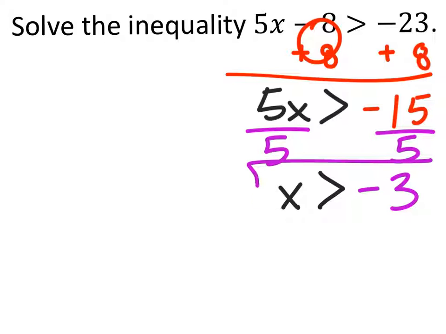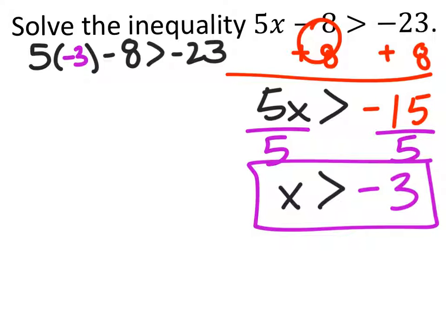Last thing we really would want to do on this is just to check to make sure that our answer is correct. First thing we want to do is make sure that the inequality is equal when x is negative 3. Let me show you what I mean here. So notice in this equation I've replaced x with negative 3, but I don't want it to be greater than.